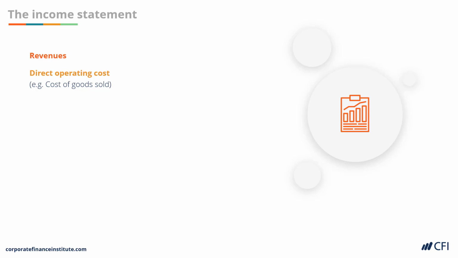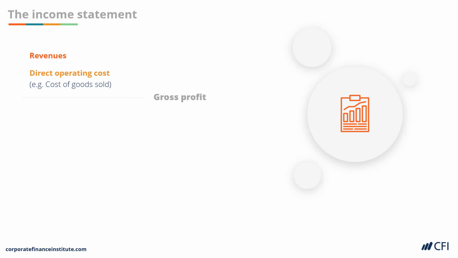This is the first expense line on the income statement. After deducting cost of goods sold from revenue, we arrive at our first subtotal on the income statement, referred to as gross profit. Gross profit is equal to revenue minus cost of goods sold. If we take the gross profit and divide it by the revenue, we calculate the gross profit margin. Whatever remains as gross profit can be used by the company to cover its indirect operating costs.